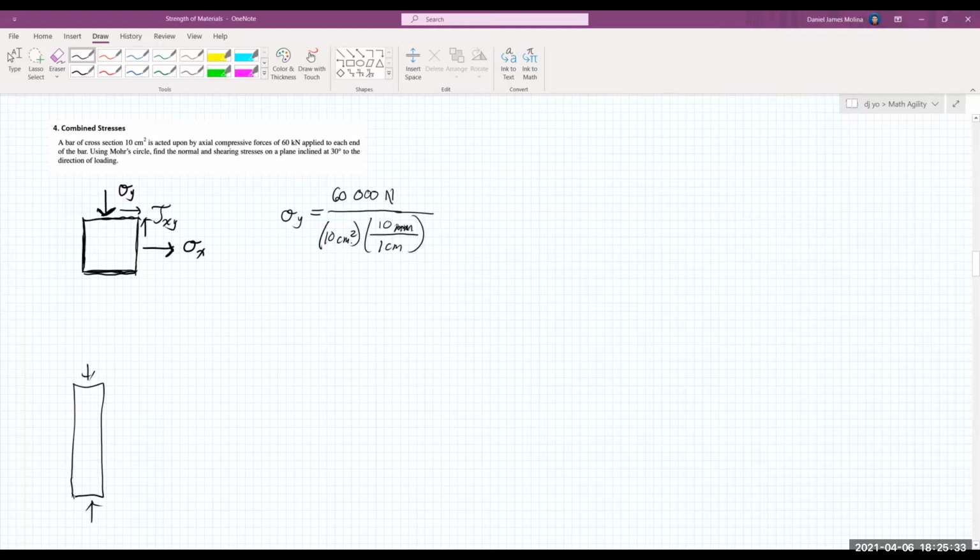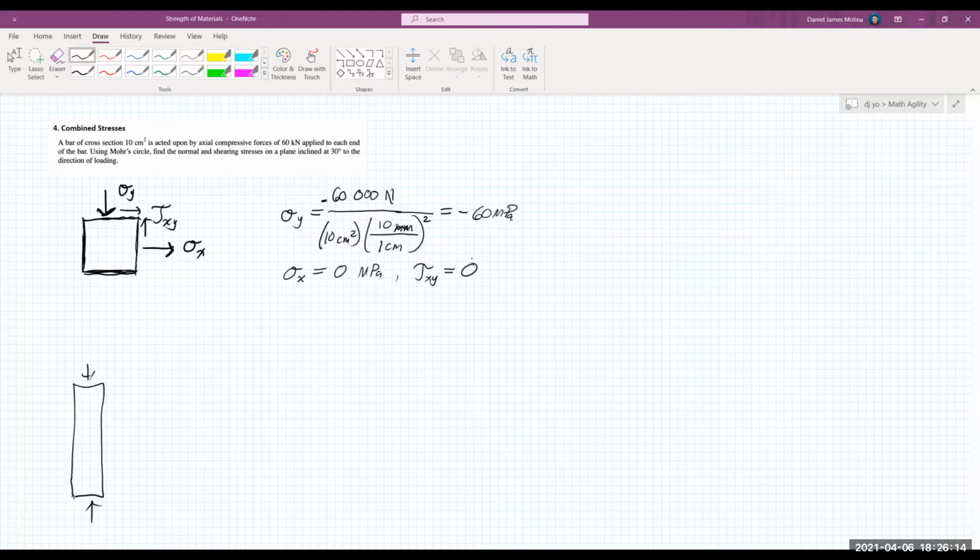But since it's in terms of an area, we will square the conversion factor. So the vertical stress here is negative 60 megapascals. We will use a negative value since it's compressive. And then for sigma x, since there are no other given forces, we have 0 megapascals. And of course, the shear stress is also 0 since we don't have any shear stress at the given element.